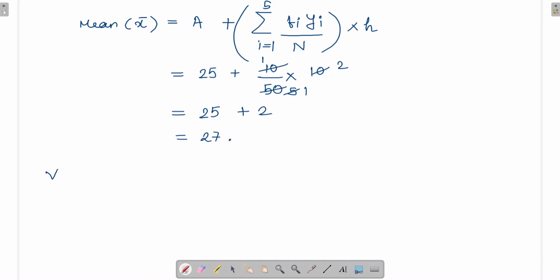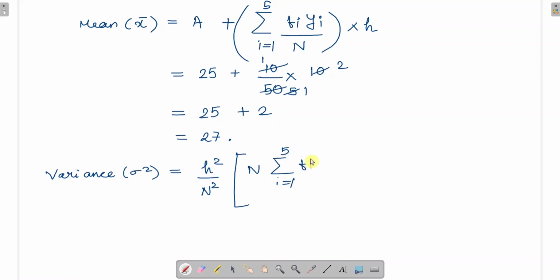Now we can find the variance. So variance sigma square is equal to h square by N square into N times summation i going from 1 to 5 fi yi square minus summation i going from 1 to 5 fi yi the whole square.